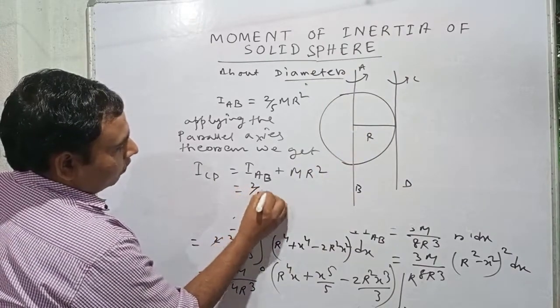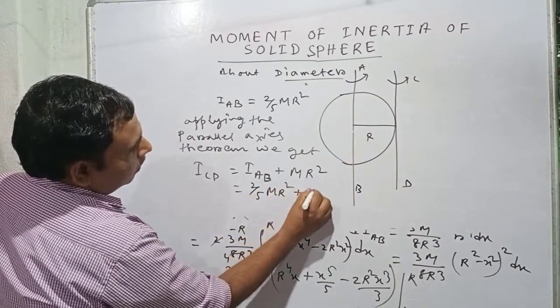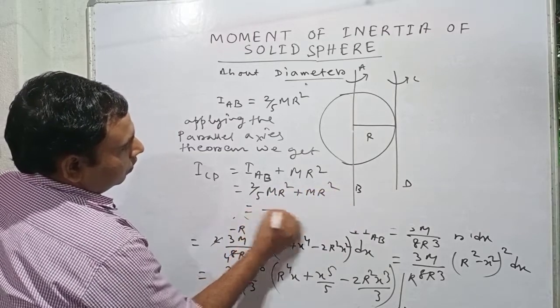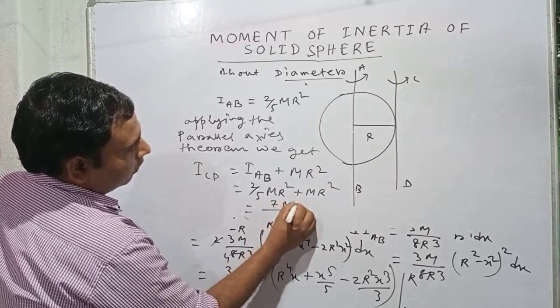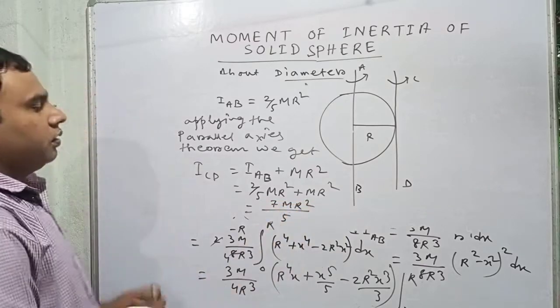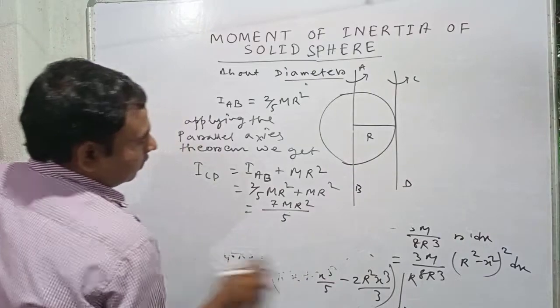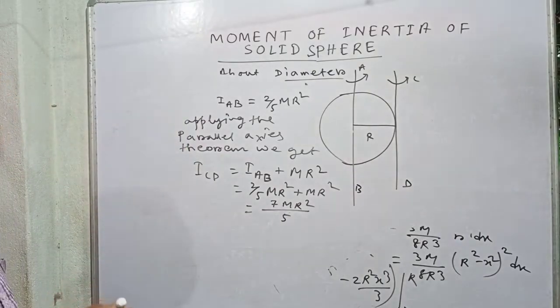That is 2 by 5 m R square plus m R square, which gives 7 by 5 m R square. This is the moment of inertia about any tangential axis of the solid sphere.